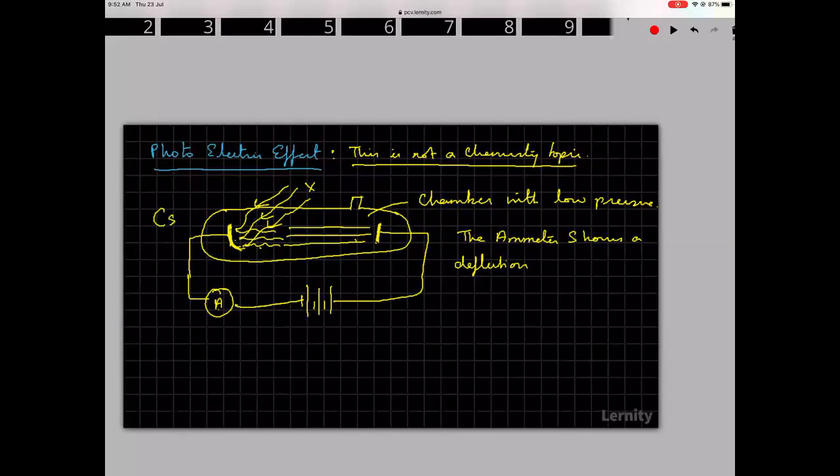So this effect is what is known as photoelectric effect.